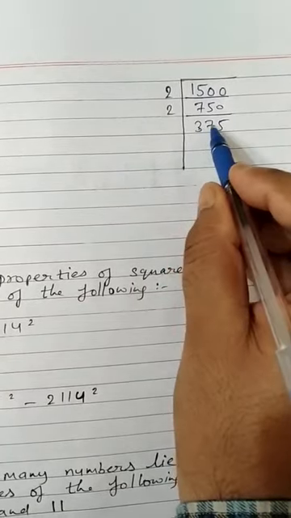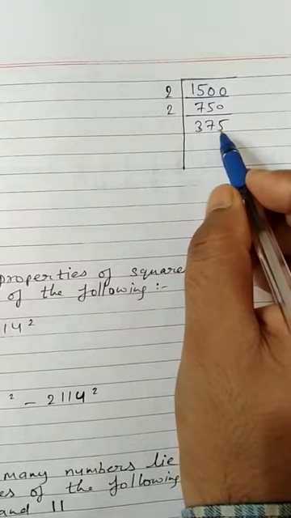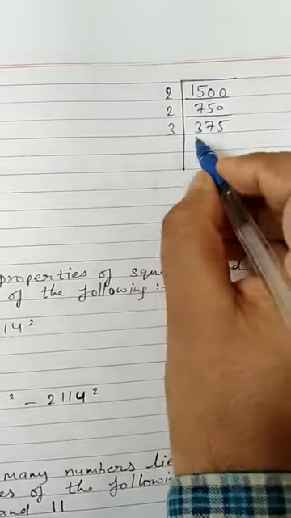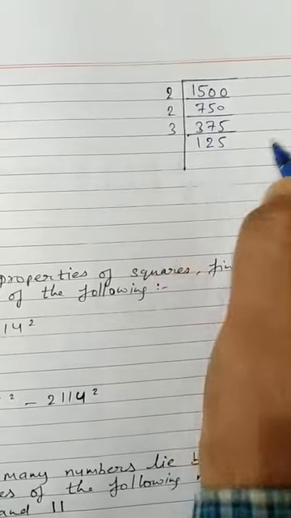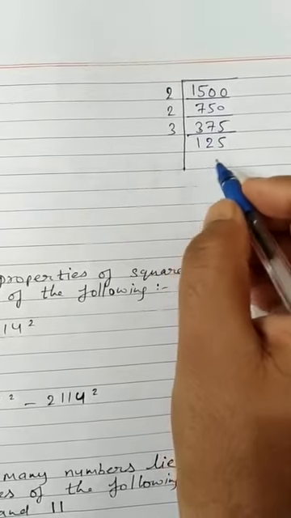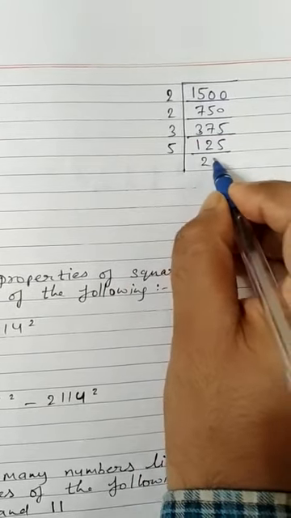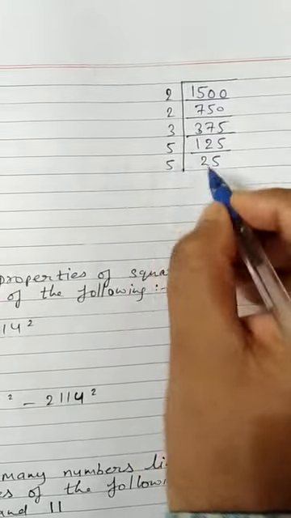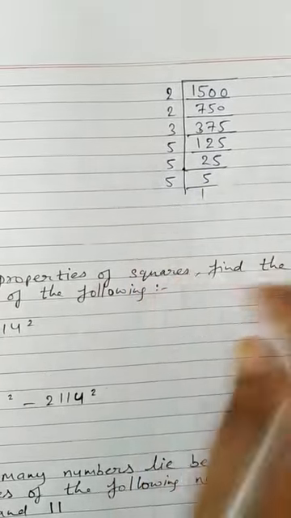Now 3 plus 7 is 10 and 10 plus 5 is 15. 15 is divisible by 3, so we will divide it by 3. 3 ones are 3, 3 twos are 6, 3 fives are 15. Now it will be divided by 5. 5 twenty-fives are 125, 5 fives are 25 and 5 ones are 5.